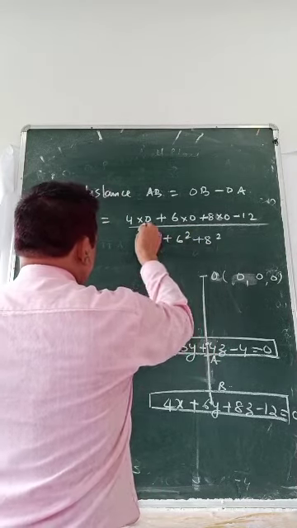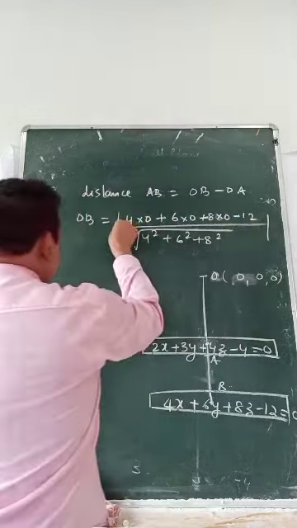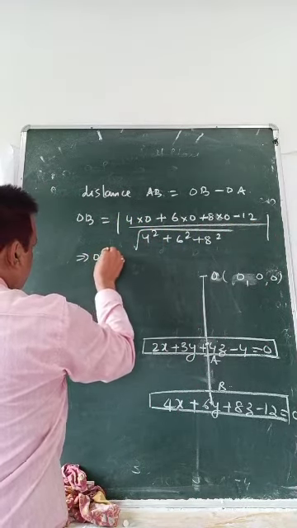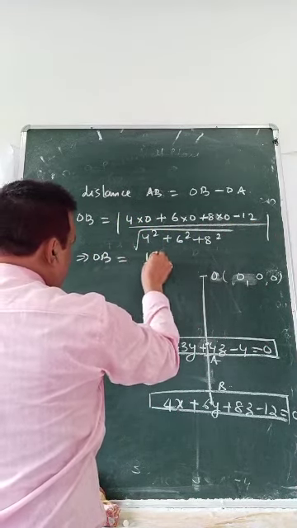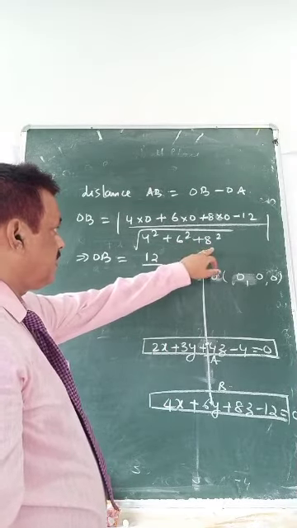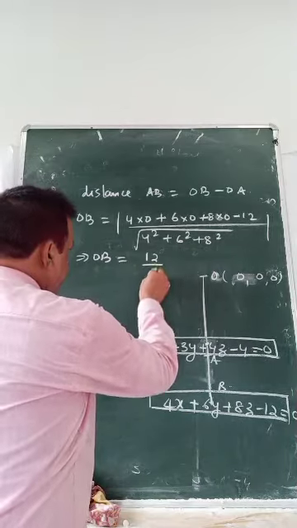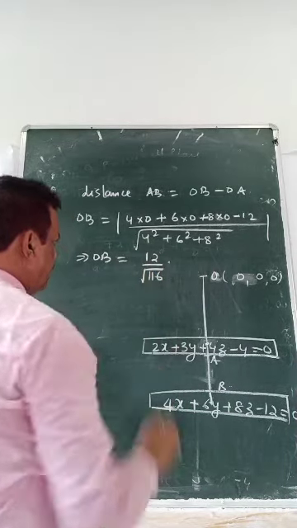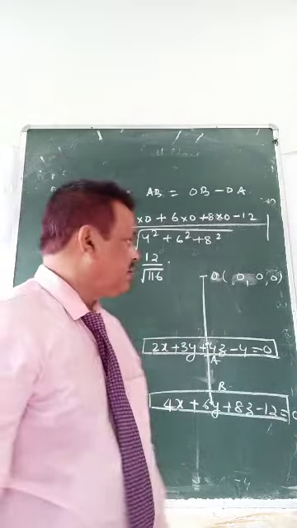So OB equals 12 by root of 64 plus 36 plus 16, that is 116. OB you got.